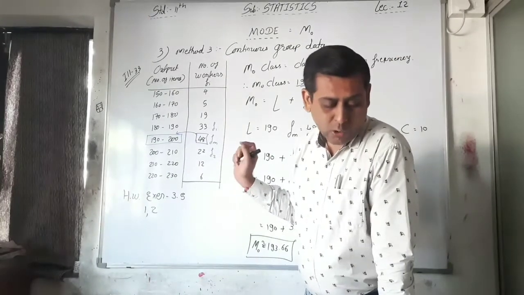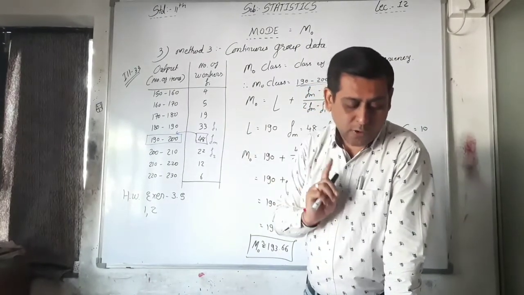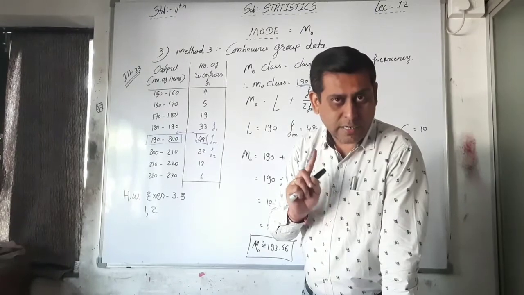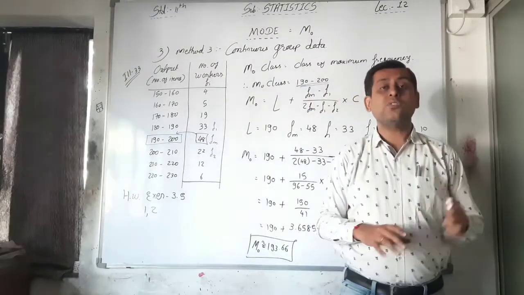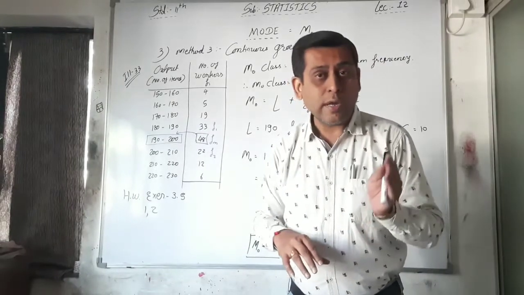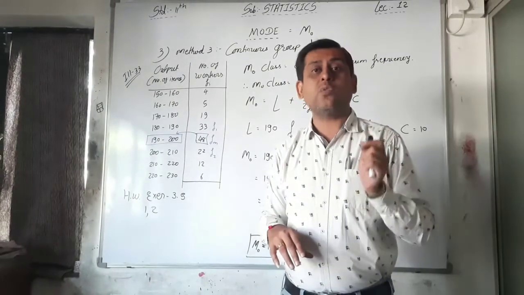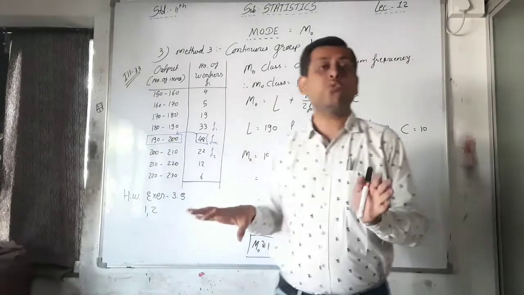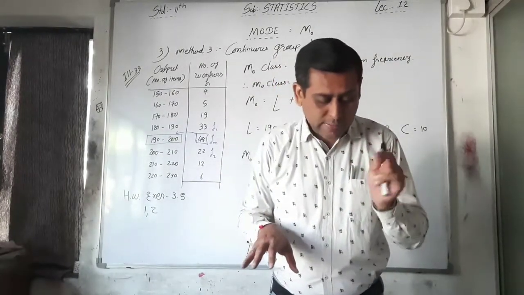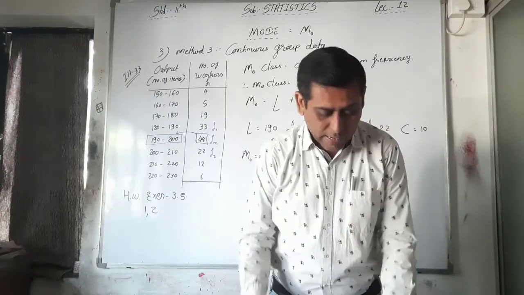But here in the third question of exercise 3.5, 50 to 60 is a class interval of 10, then 60 to 65. The class interval is changed here. So in this case you cannot find the mode from this formula. You have to use the empirical formula. That's why we are skipping that here.